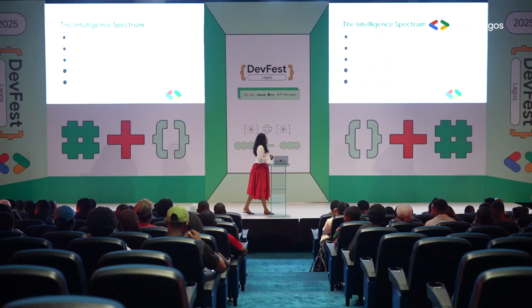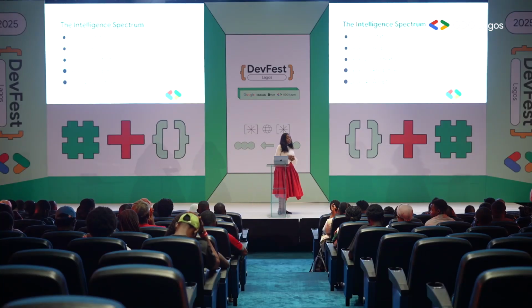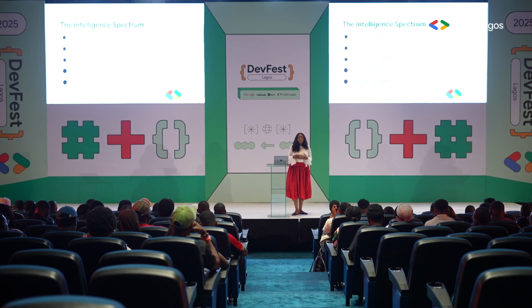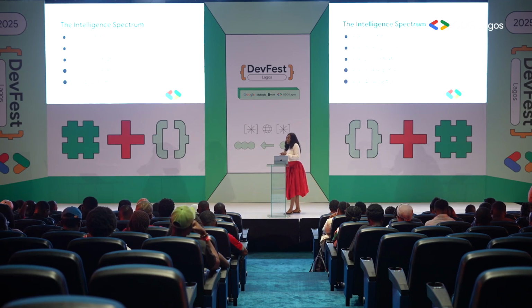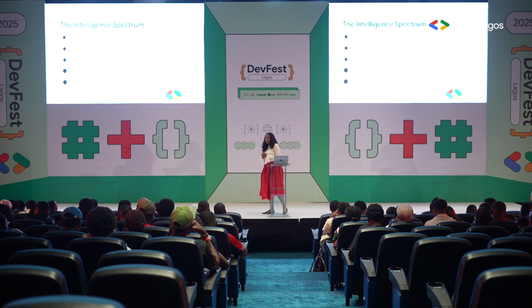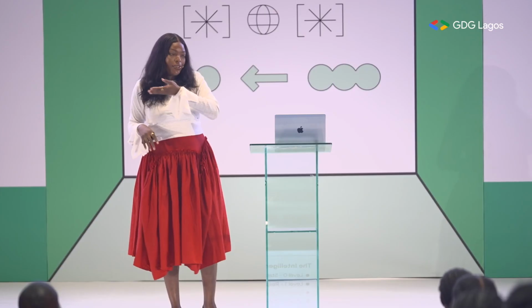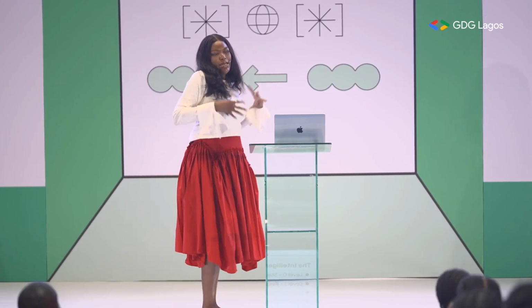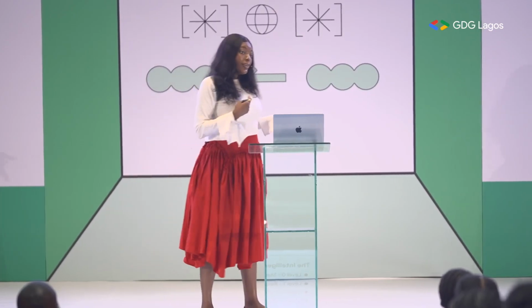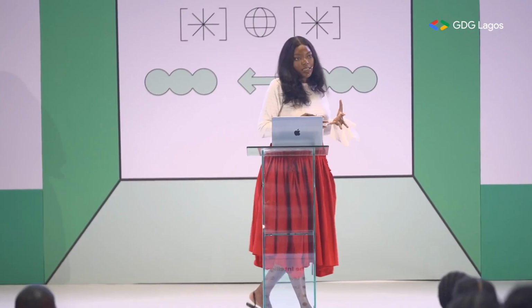For contextual experiences, a very good way for me to explain this is when you're in a different location. Let's say, for example, I'm in Bariga and I want to order from Chicken Republic. I will change my location on ChowDeck, and ChowDeck automatically uses my context to recommend services to me.